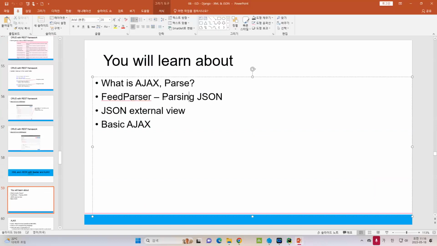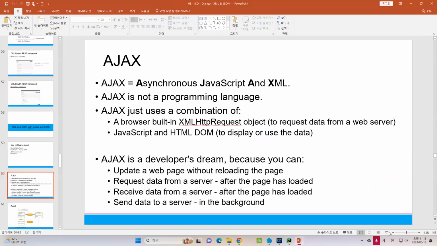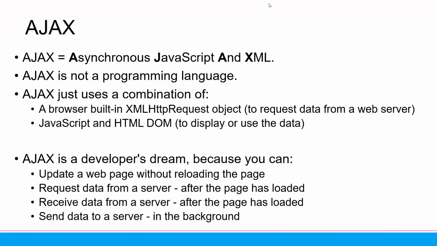It means we are parsing the JSON, and then we are going to look at the JSON external view and some basics about Ajax. So what is Ajax? It is the asynchronous JavaScript and XML.